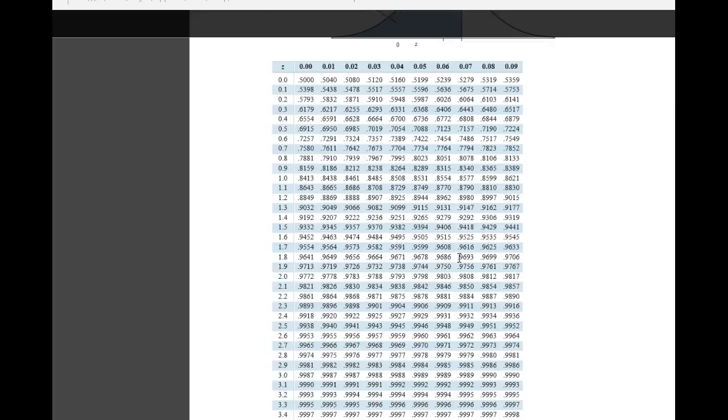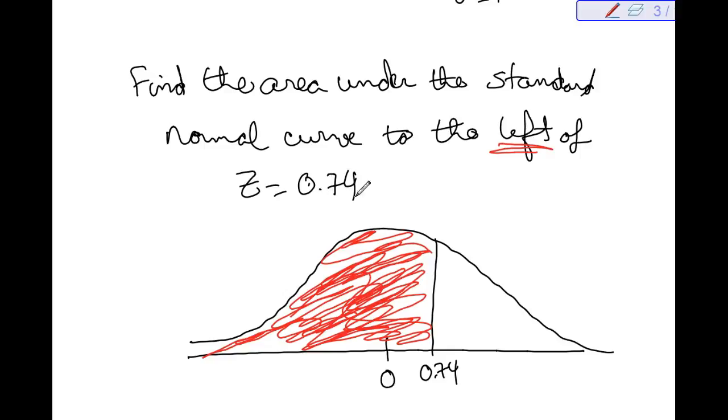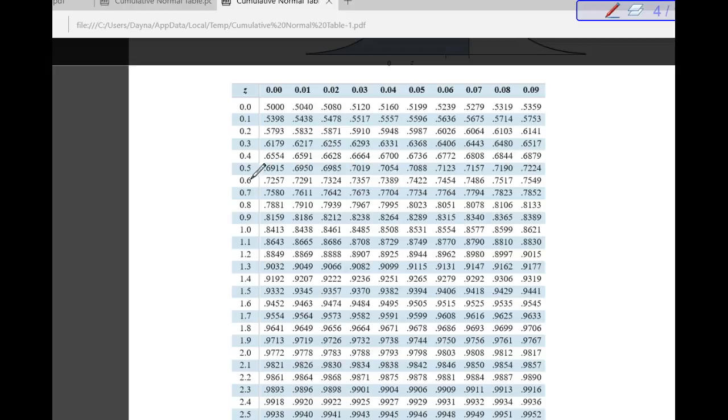And so when we're looking up these values, what we want is 0.74, so we're going to look at the 0.7 here in this row, and the 4 is here, okay? And we want to see where they intersect.